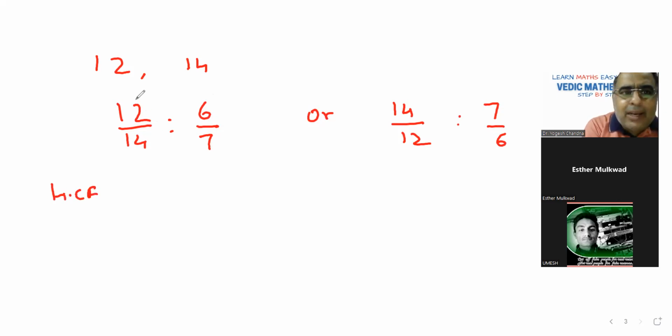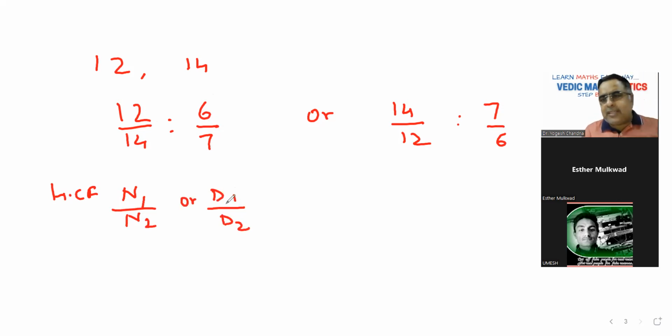Now HCF is, if I call it N1, so HCF is N1 by N2 or D1 by D2. Did you understand what is D, what is N? N1 means numerator 1, N2 means numerator 2, D1 means denominator 1, D2 means denominator 2.